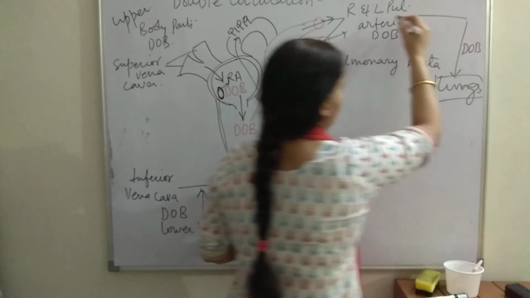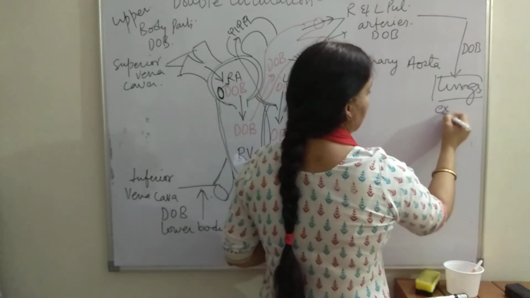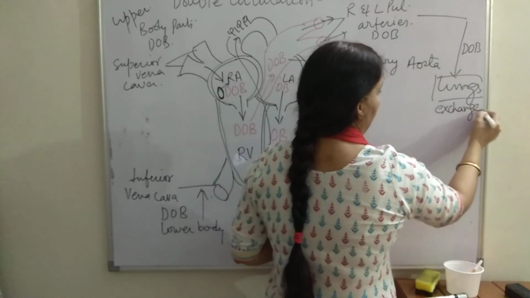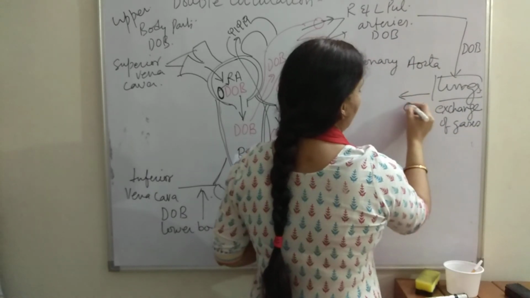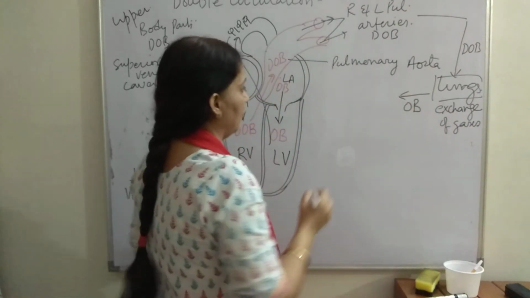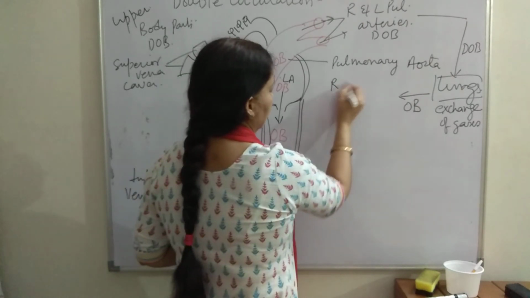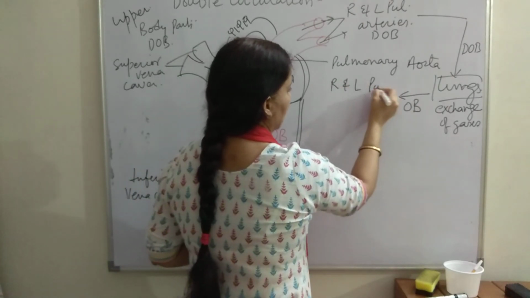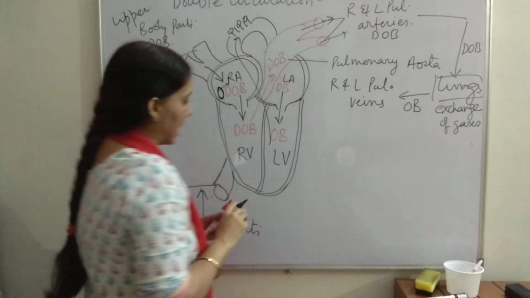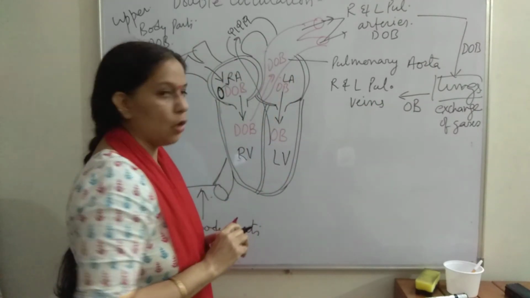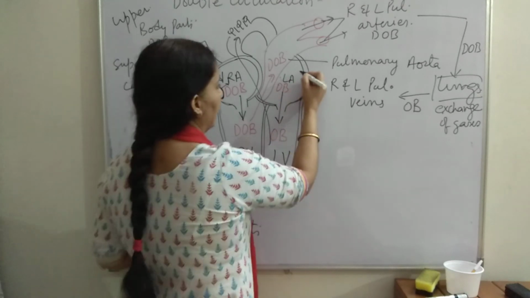Here in the lungs there is exchange of gases and blood becomes oxygenated. When it comes out of it, it is carried by right and left pulmonary veins. These veins are the exceptional veins which are carrying oxygenated blood, and the rest all carry deoxygenated.